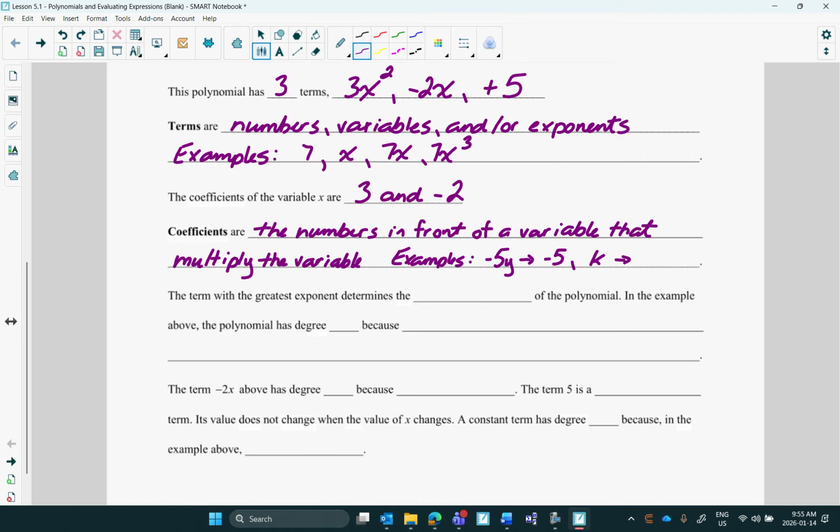Not 0, because 0 would make the whole thing disappear. 1. Whenever there is not a number in front of a variable, there actually is, we just don't write it. It's always 1. So again, you don't have to memorize a definition. You just have to be familiar when I say the word coefficient that you should know what I'm talking about.